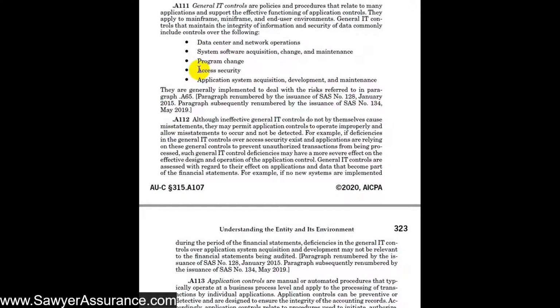Also, making sure that the right people have access to the right information, and that the people who should not be making changes in the system or to the data do not have access. And there should be controls to determine what types of software should be purchased and how it's developed and maintained. These are all very important to understand the integrity of the data going into the financial statements.